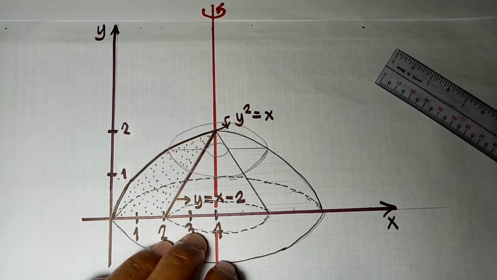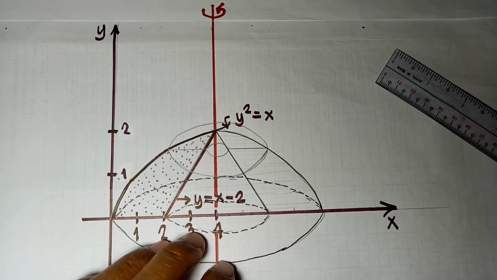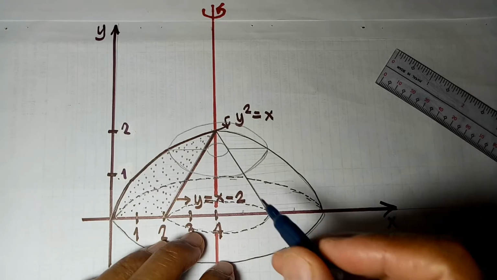Okay, so yan yung ating isang slice, ano, isang circular washer. So, lagyan natin ng ink yung ating circular washer.